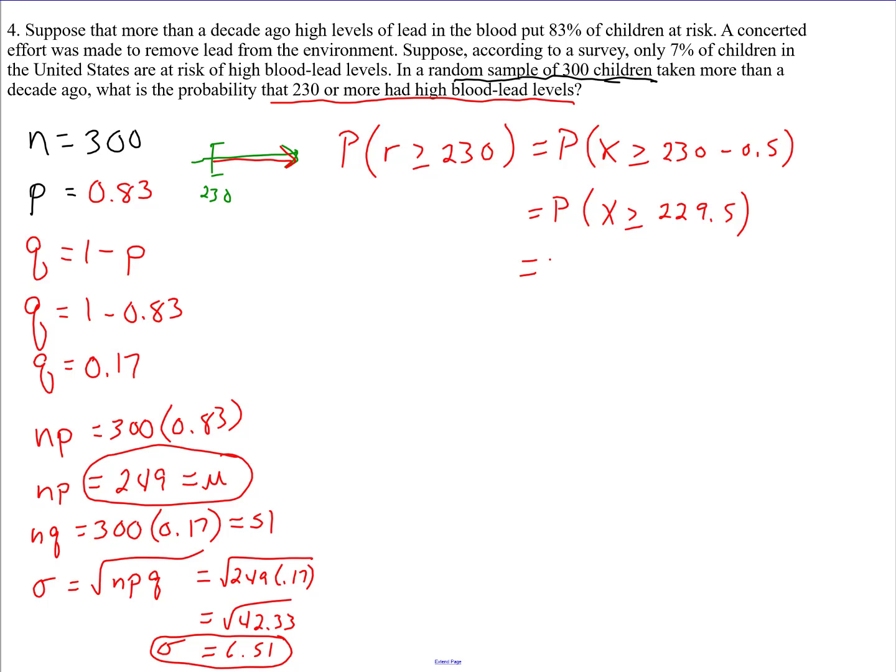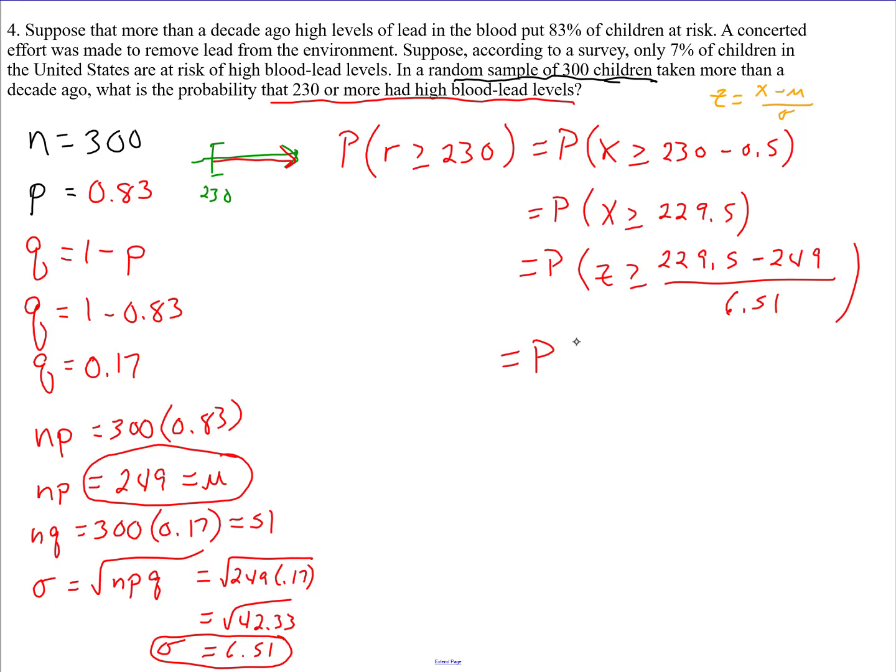So to do that, we're going to convert to a z-score. So z is greater than or equal to, our z-score formula, remember, z is equal to x minus mu divided by sigma. So z is going to be greater than or equal to our x value of 229.5 minus our mean of 249 that we found, divided by our standard deviation that we found of 6.51.